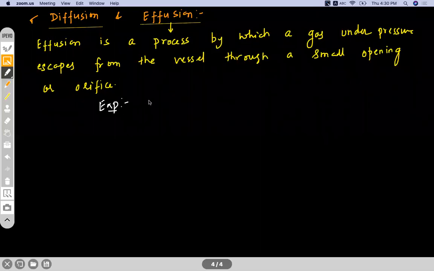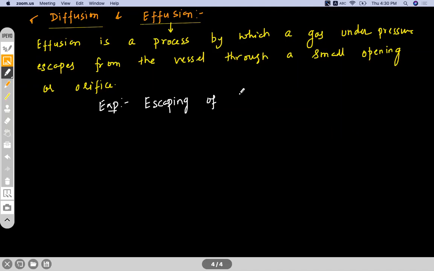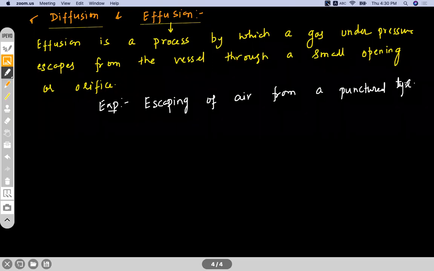Example is what? Escaping of air from a punctured tire, right? Football bladder also we can take.